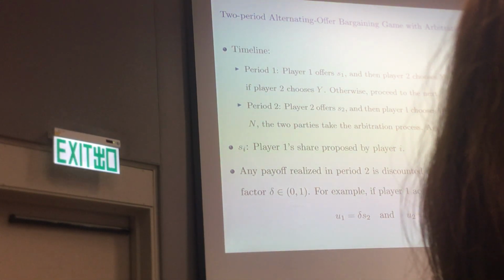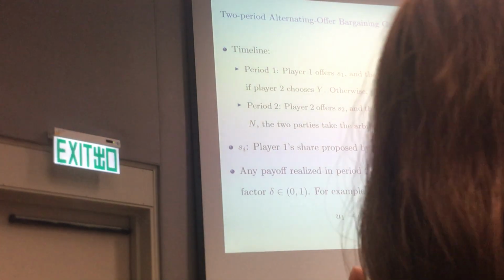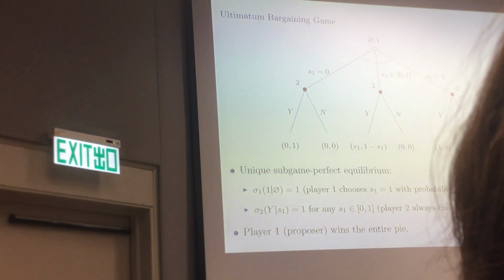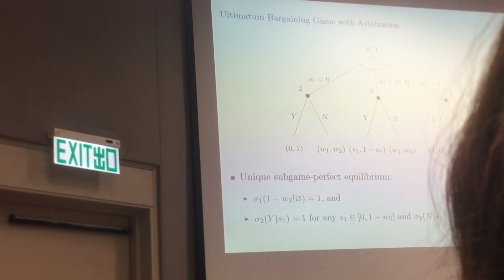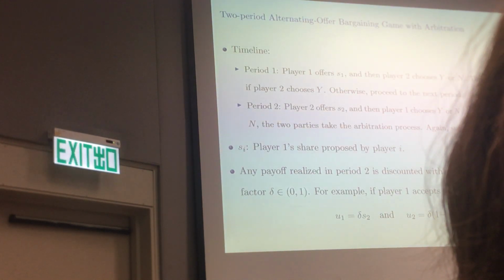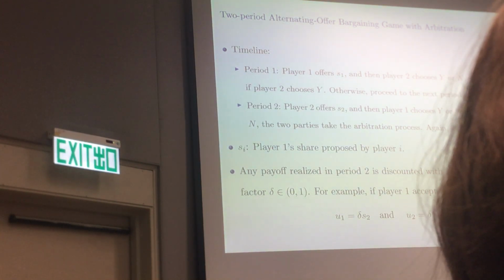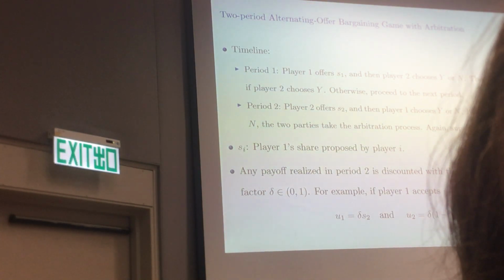So far it is exactly identical to our first ultimatum bargaining game. But things begin to be different if player 2 chooses no in the first period. Then the game moves on to the second period, and in the second period, it is now player 2's turn to make an offer.